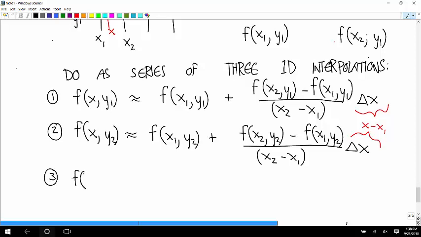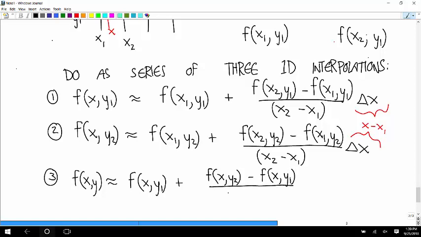So f at x, y is approximated as f of x, y1 plus f of x, y2 minus f of x, y1, divided by y2 minus y1, times delta y, where delta y is y minus y1. 3 steps.